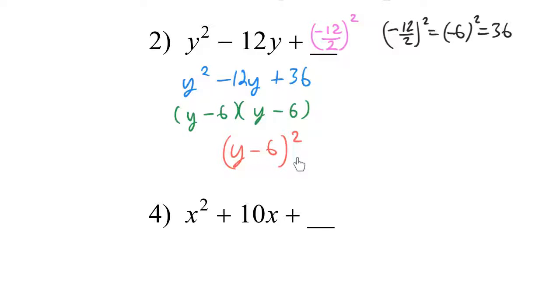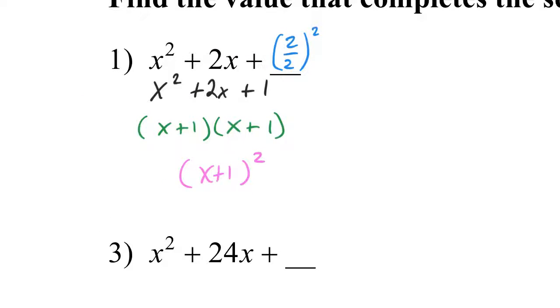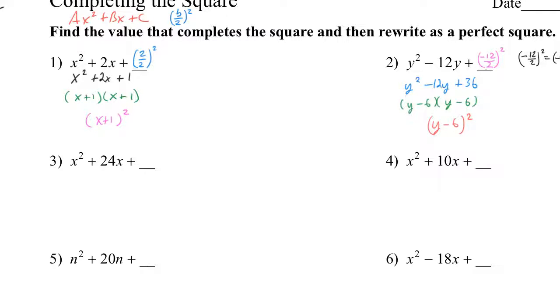Now, has anybody noticed that that was a negative 6 and this is a negative 6, and that back on problem number 1, we found that this was a plus 1 and this was a plus 1. And it turns out that will always work that way, that the number inside of your parentheses will always be this b over 2.